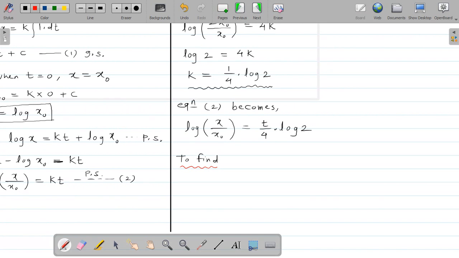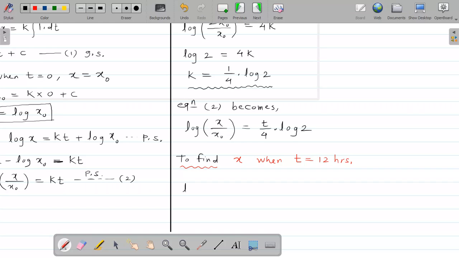What we have to find out is x. Remember, when t is equal to 12 hours.